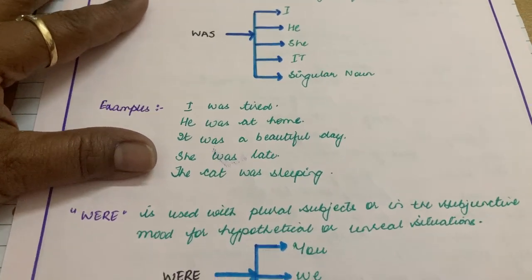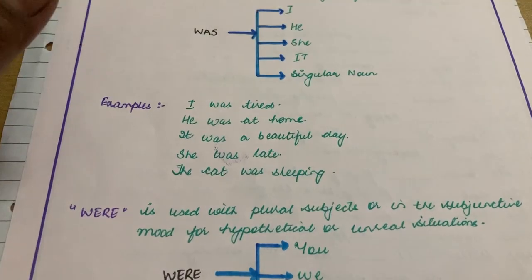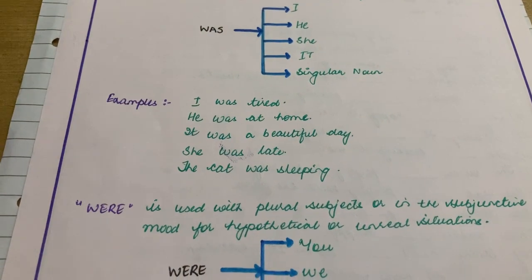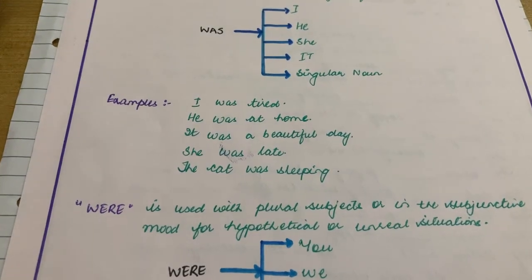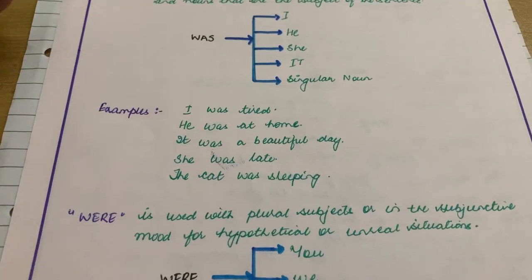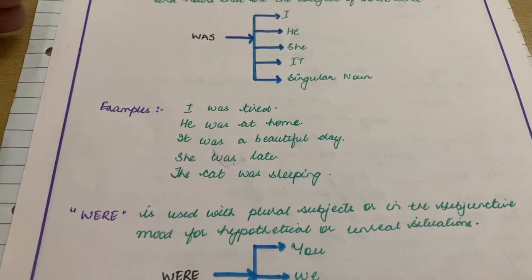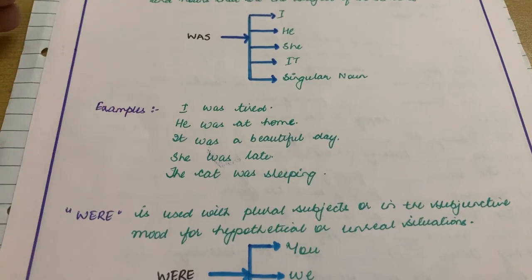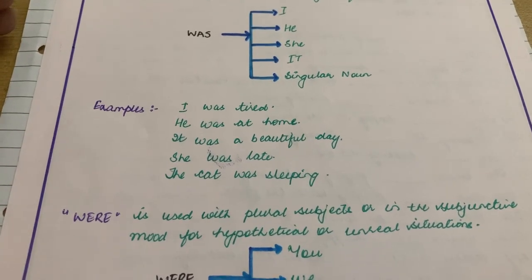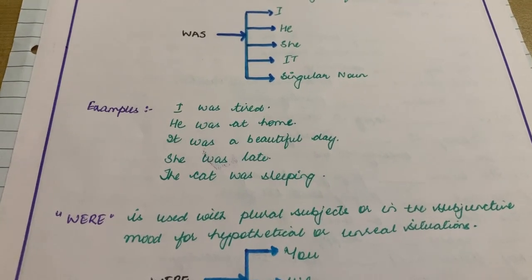Then when do we use were? Were is used with a plural subject. When we talk about anything that is more than one, that becomes plural. It is also used in the subjunctive mood for a hypothetical or unreal situation, something that we imagine.